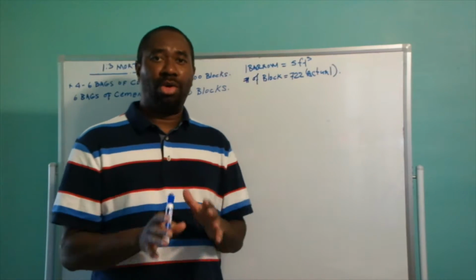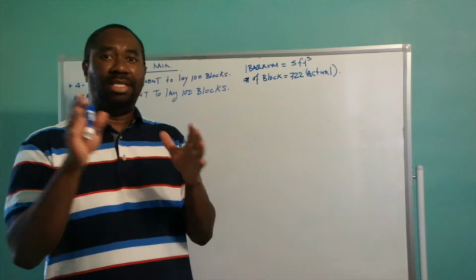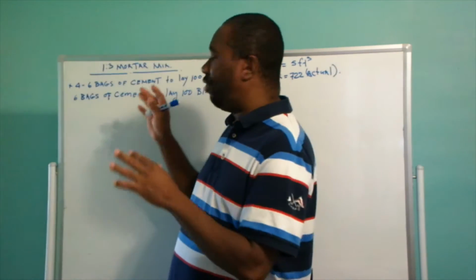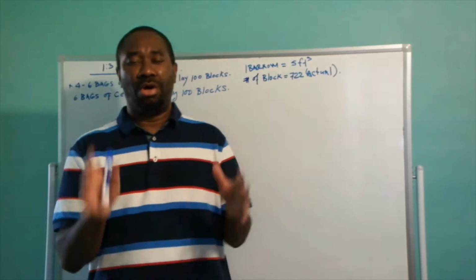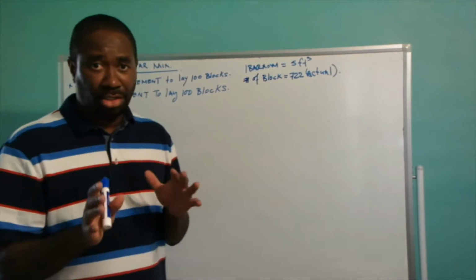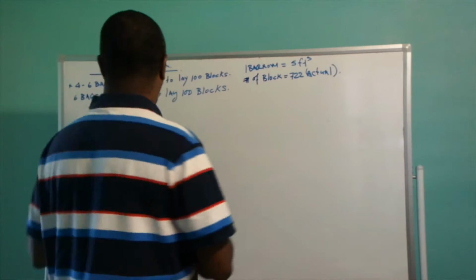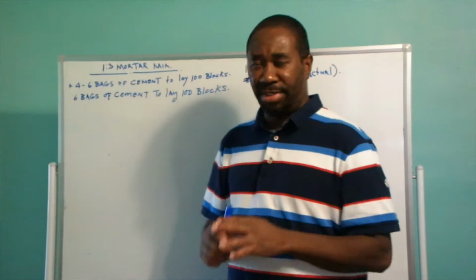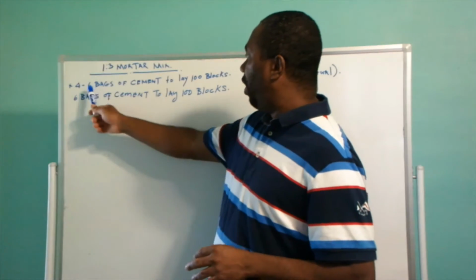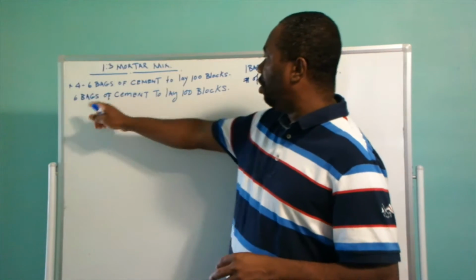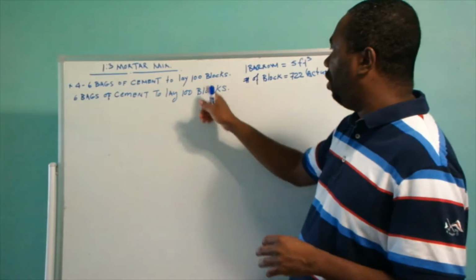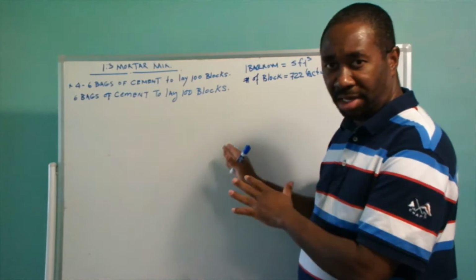But the actual amount of blocks needed to do the wall is 722. Now, to be conservative, I am going to go with the upper figure, so I'm going to use 6 bags of cement to lay 100 blocks.